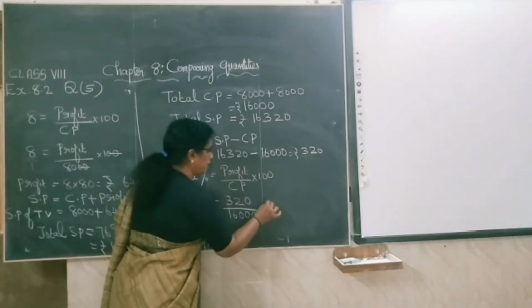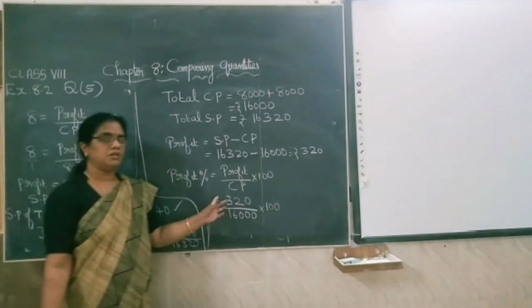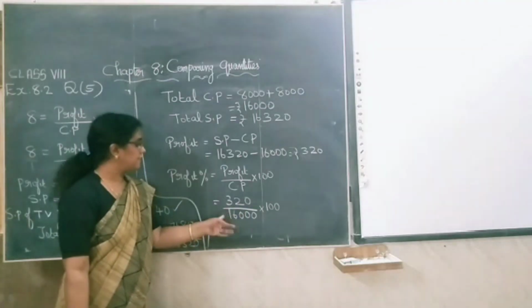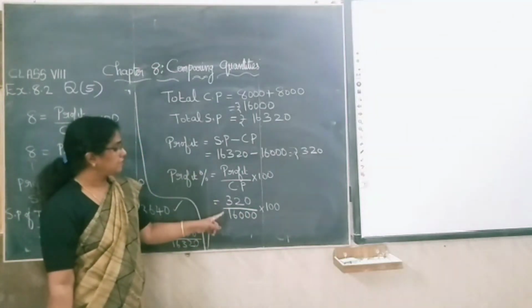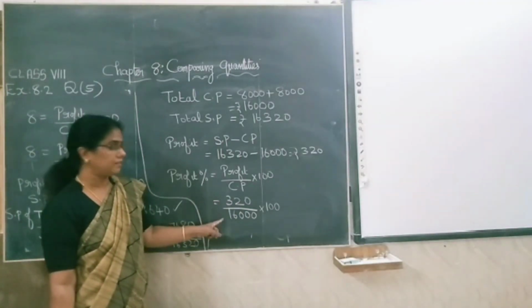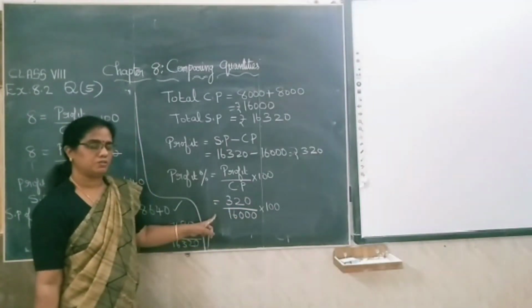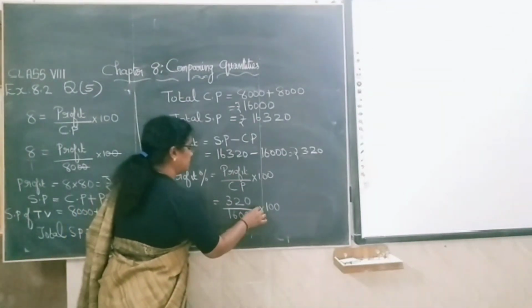then multiplied by 100. Here you don't make a mistake, because the whole transaction's profit percentage we are finding. So the cost price is the total cost price, not the cost price of each item. Now we can do the simplification.